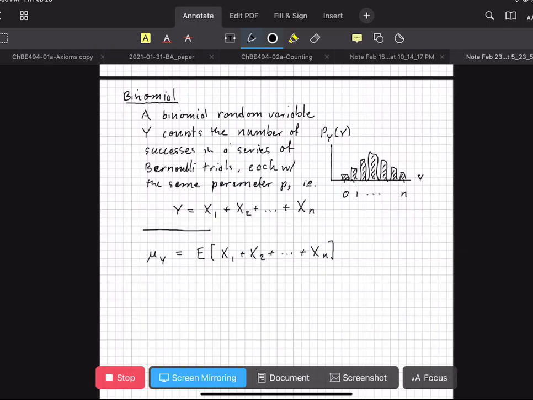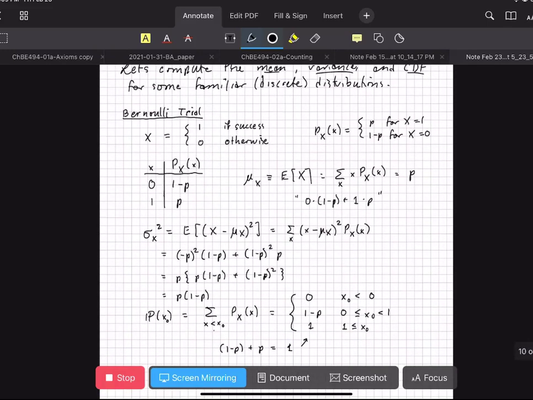We know that if I take the expectation value of a sum, a linear combination, this is going to end up being a sum over i equals 1 up to i equals n of the expectation values of each of these individual random variables x sub i. Now, each of the x sub i is a Bernoulli trial, and each one has a parameter p. And so what are the values of their means?